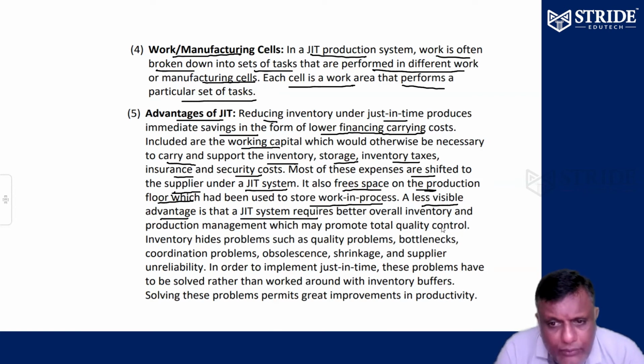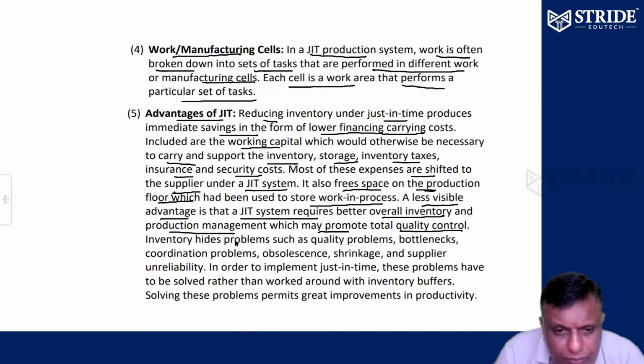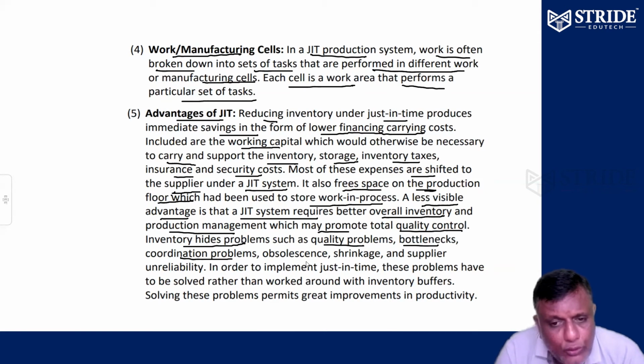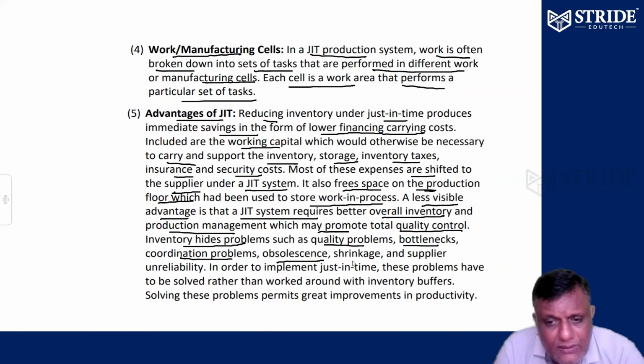So the JAT system requires better overall inventory and production management, which is going to promote total quality control of the product. So JAT ultimately controls overall inventory management cost, and better quality control of the product will emerge. But inventory also hides problems such as quality problems, bottlenecks, coordination problems related to inventory, obsolescence, shrinkage, and supply unreliability.